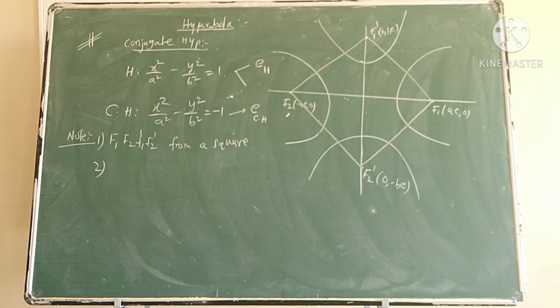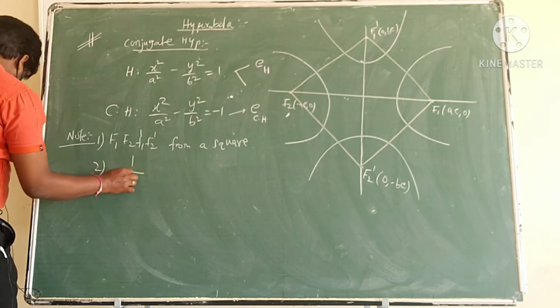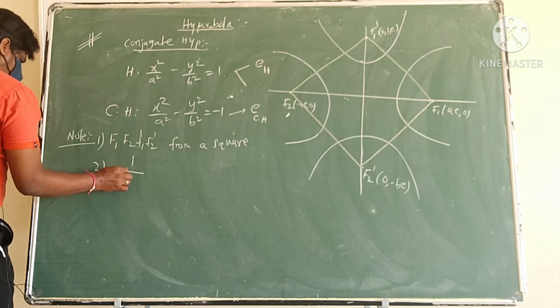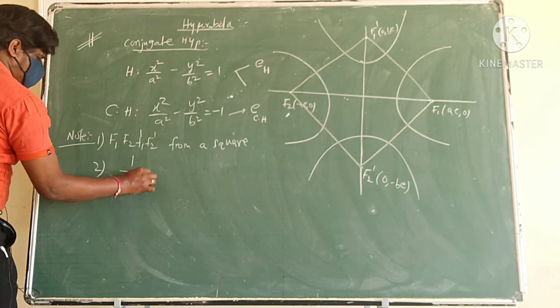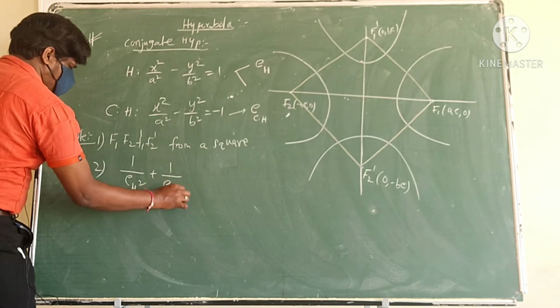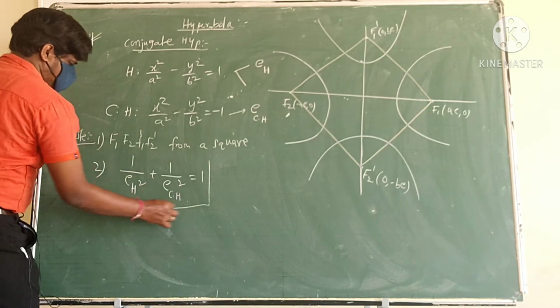C means conjugate, H means hyperbola. The relationship between them is 1 by EH whole square plus 1 by ECH whole square is equal to 1.